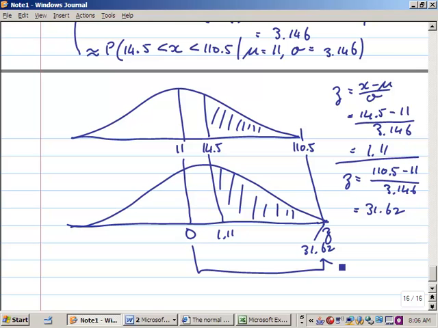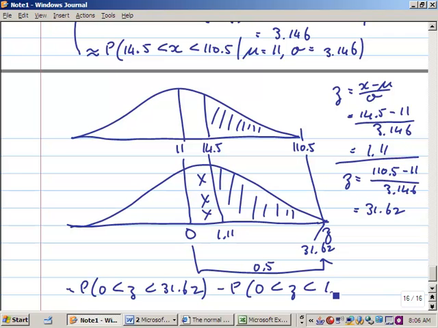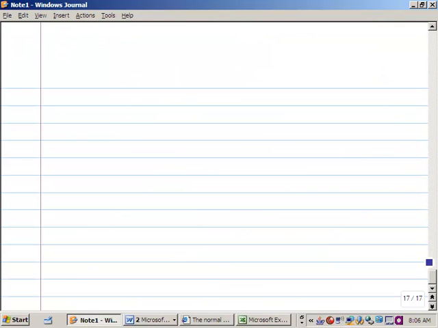Alright, so as before, we go from 0 to the upper limit, which again is approximately half, then subtract out this part here. Not that it matters a whole lot, 31.62 minus the area probability from 0 to 1.11.